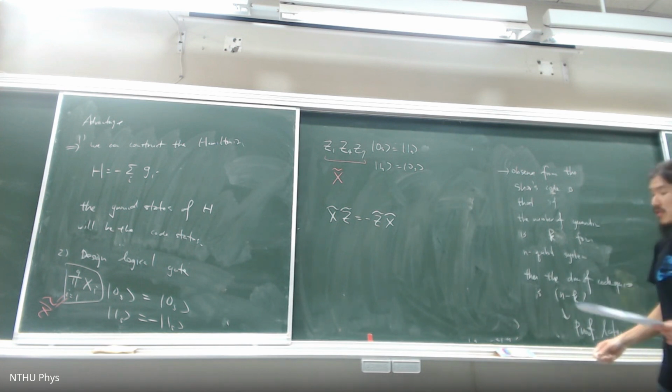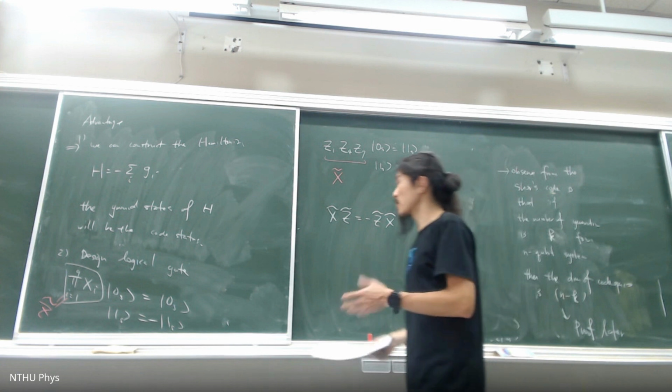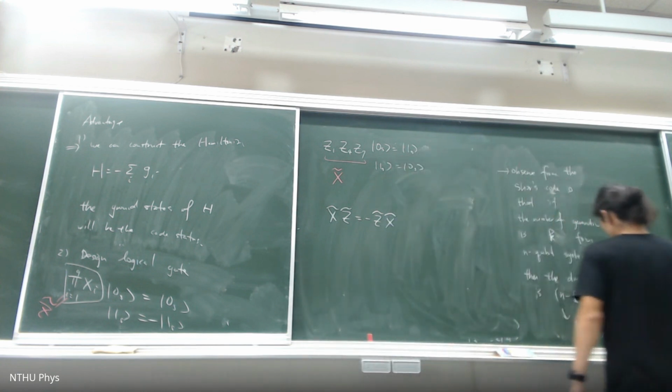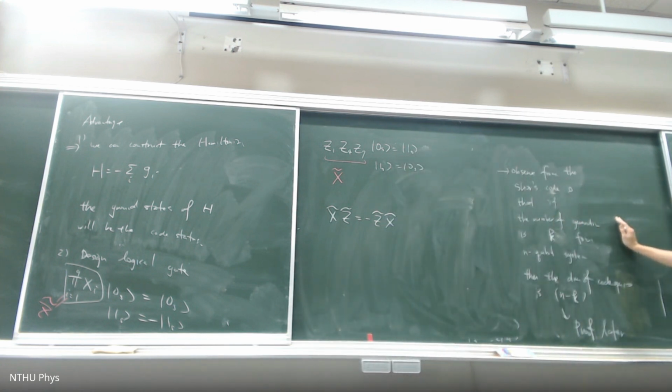And then for this example, I can also ask, since I have this kind of structure, in the Shor code, if I add one more generator, then the code dimension will be 2 to the power 0, that will be 1, right? So I only have one state.